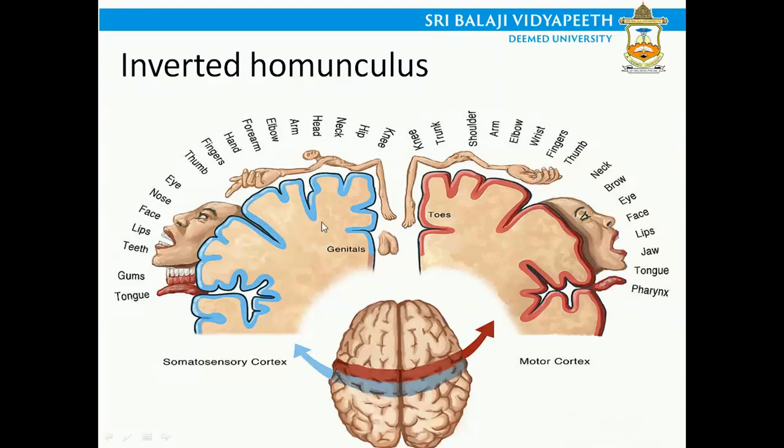This bluish colored part of the homunculus depicts the sensory part of the brain. Here you find the genital organs, the lower limb, and the musculature of the trunk drawn smaller when compared to the hand tips, because the hand tips are full of sensory receptors and have a lot of sensory functions.